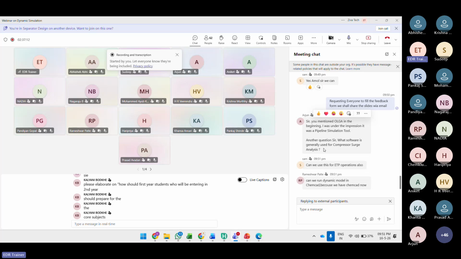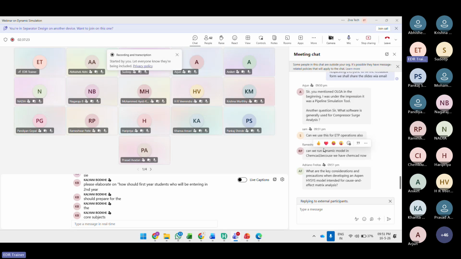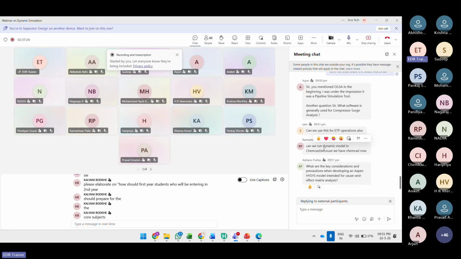That is used only for the transient analysis of offshore pipelines or big pipelines. Even if it is onshore, if the pipelines are big, the transient analysis is done by Olga, which is much more reliable and correct compared to any other software. Olga is basically designed to do that part, but it is limited to the pipeline.